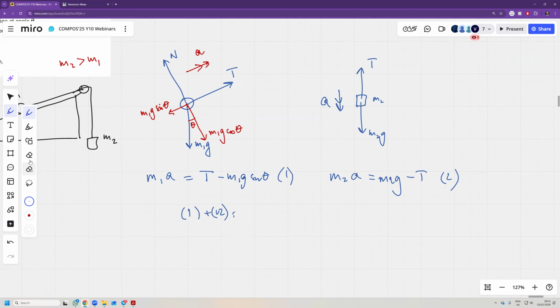And we get the first equation plus the second. So we get m1a plus m2a equals t minus m1g sine theta plus m2g minus t. T cancels conveniently.